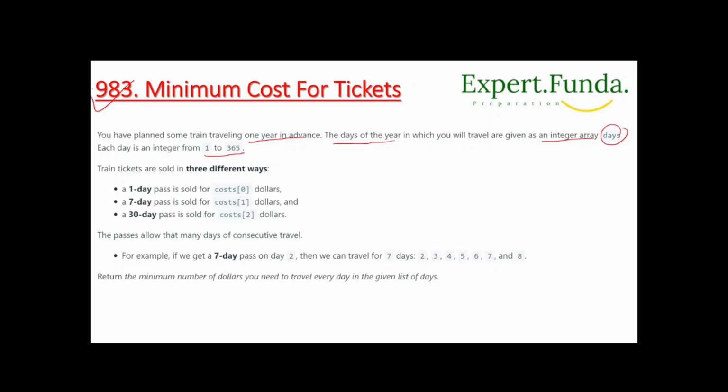Tickets are sold in three different ways: 1 day, 7 days and 30 days. The 1 day pass is sold for costs[0] dollars, the 7 day pass for costs[1] dollars, and the 30 day pass for costs[2] dollars.